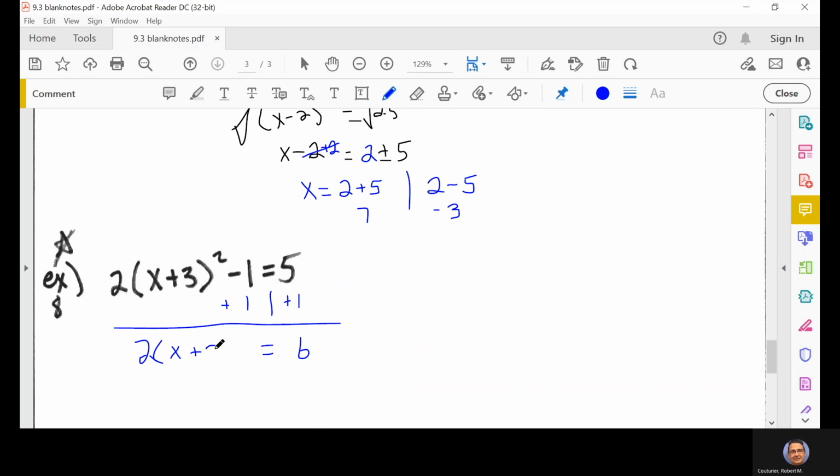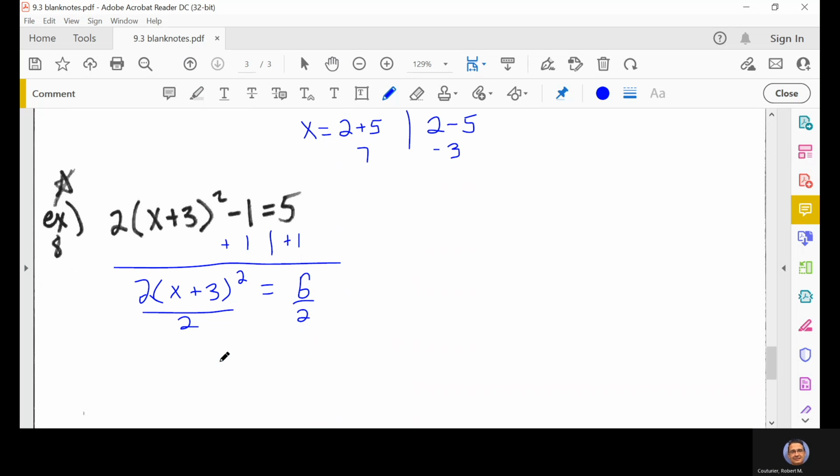A lot of this work is just carrying everything down, so be careful. I've got to divide by 2. Okay, 6 divided by 2 is a 3. Cancel. X plus 3 in parentheses squared.